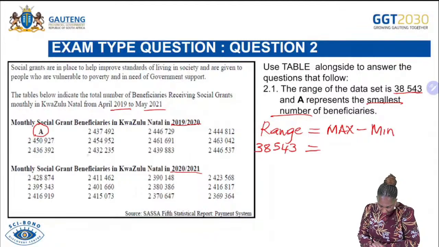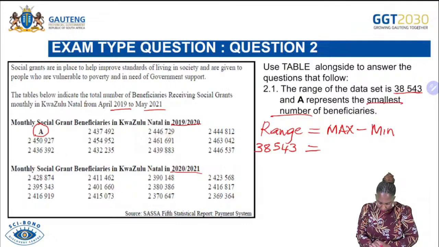And then what is our maximum number now? Yes, when you look at this, 432,446, and then we quickly have to check, is there any number that is more than that? 2,554,952, and then is there any number that is bigger than that one? 2,461, 2,463.